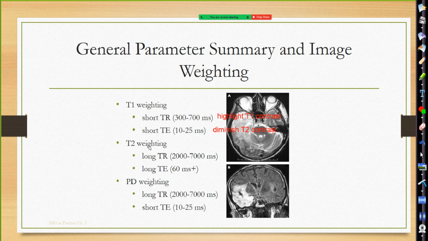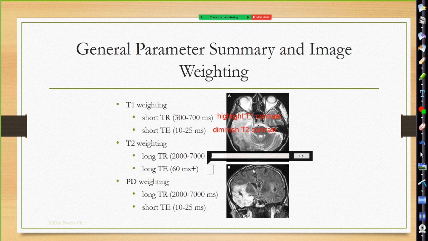All right, now with T2 weighting, we select a long TR to highlight or diminish T1? Diminish. Okay. And then we select a long TE to highlight or diminish T2?